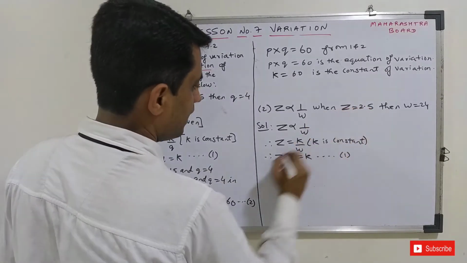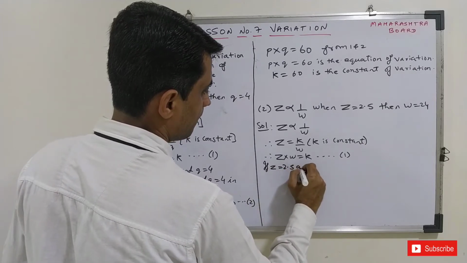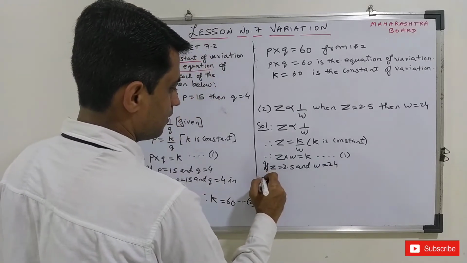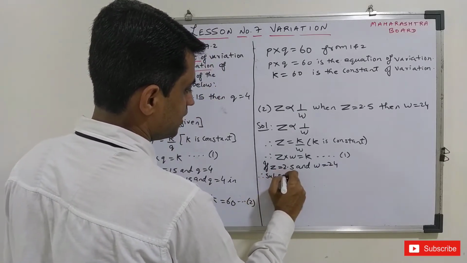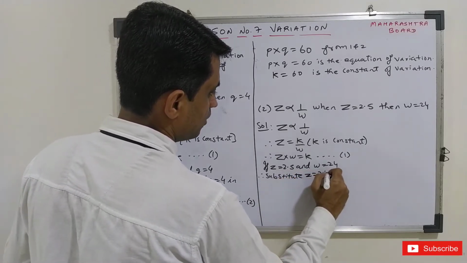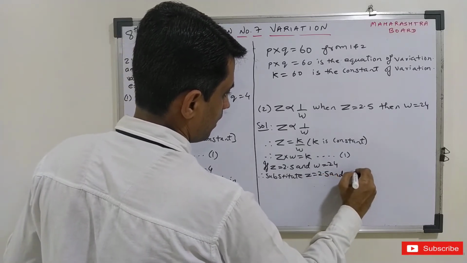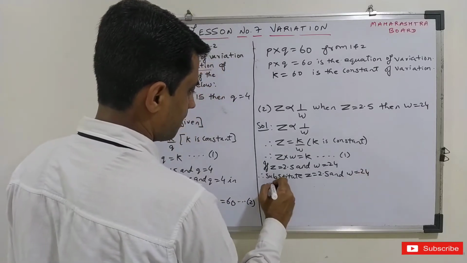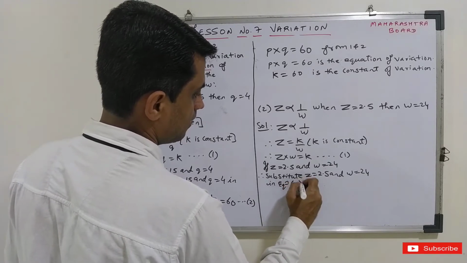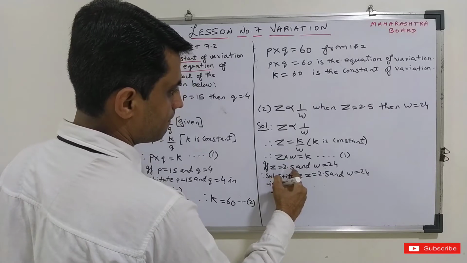Now, what they had given? If Z is equal to 2.5 and W is equal to 24, therefore substitute Z is equal to 2.5 and W is equal to 24. I am writing in short, in equation 1. So what do you get? What do you put for Z? 2.5.